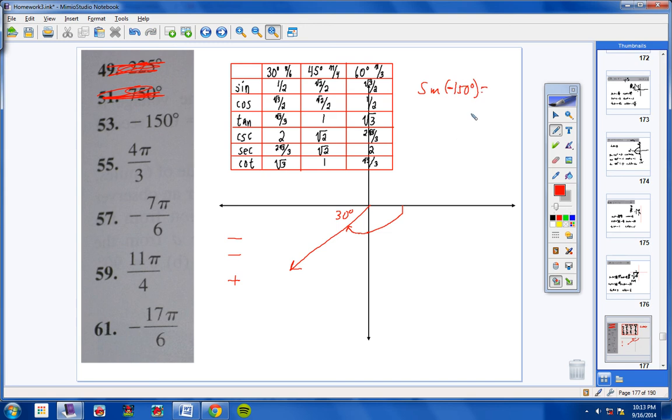The sine of negative 150 degrees is the same thing as the sine of 30, as long as you remember it's negative, so negative 1/2. The cosine of negative 150 degrees would be the same thing as the cosine of 30, as long as you remember it's negative, so we'll put a negative sign here, and the cosine of 30 is square root of 3 over 2. And then the tangent of negative 150 would be the same thing as the tangent of 30, as long as you remember it's positive.